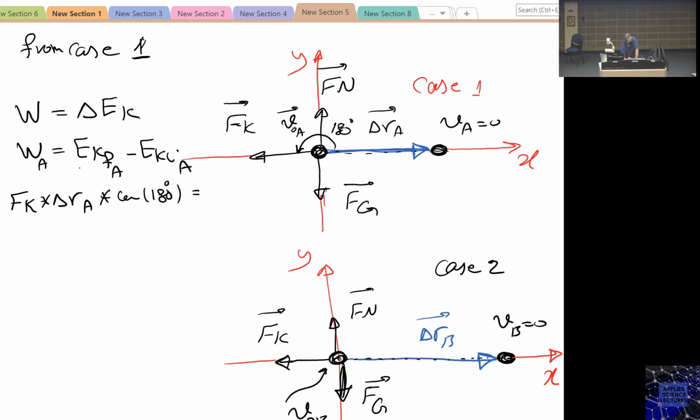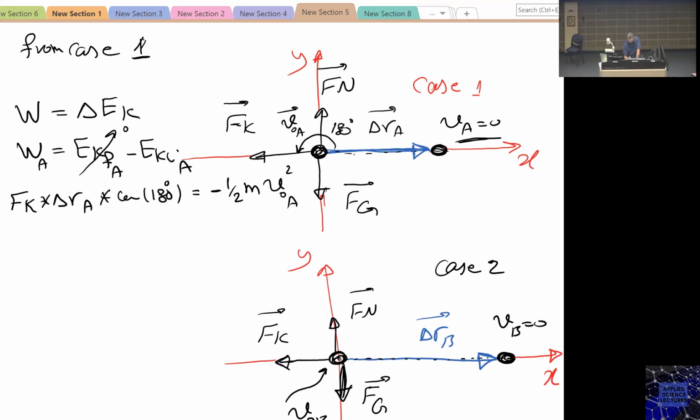Now, the final kinetic energy for A is 0 because VA is 0 at that point. So the final point is 0. So I have here minus half m v naught A squared. Is that right? This is similar to what we have done earlier.